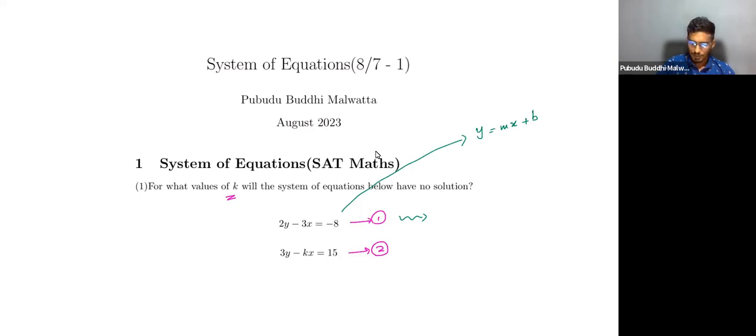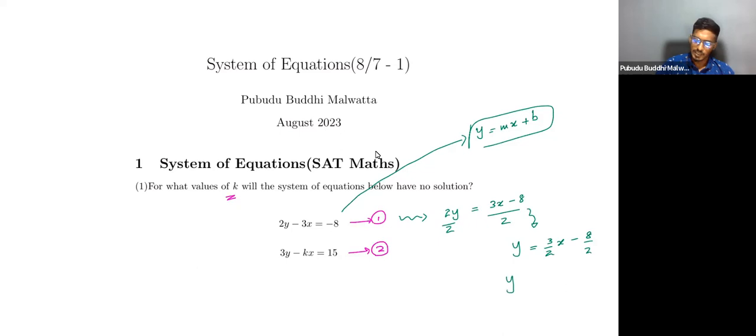So I'm going to solve for y. Let me move 3x to the other side. Then we can divide both sides by 2 to create that form. Now that is basically y equals 3 over 2 x minus 8 over 2.